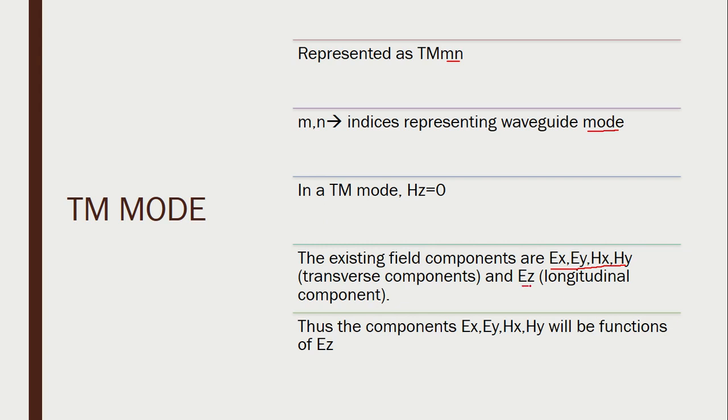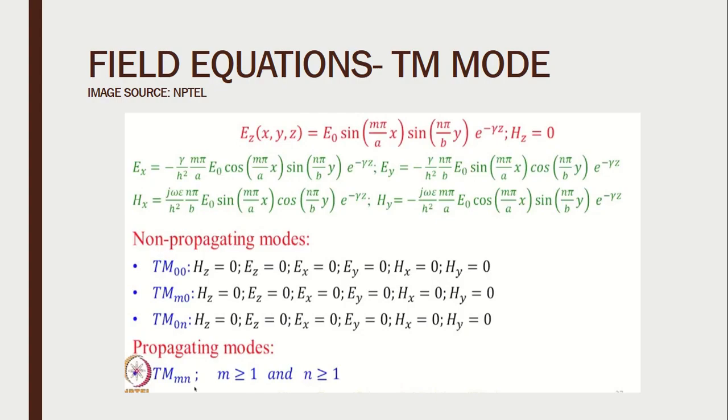And when you observe the field equations, the four components Ex, Ey, Hx and Hy will be a function of Ez. Since Ez is present in the direction of wave travel, these four components will be a function of Ez and Hz is 0 for us. Now these are the four field equations of the TM mode.